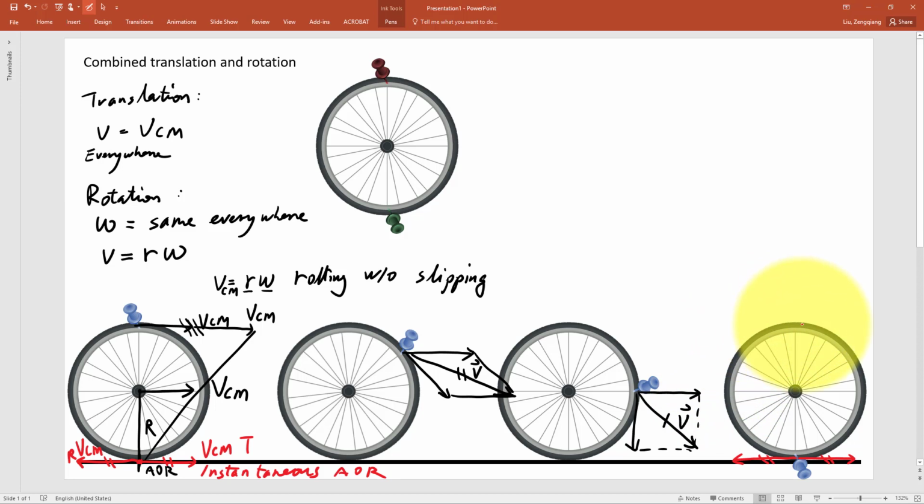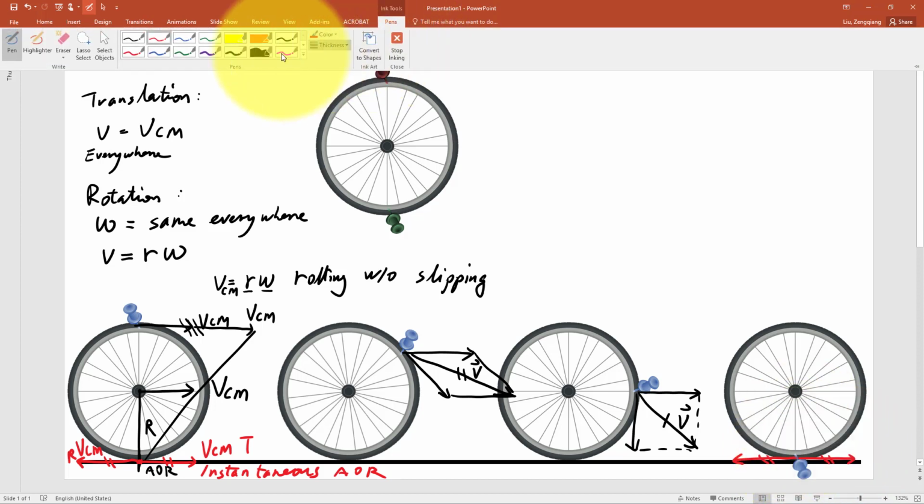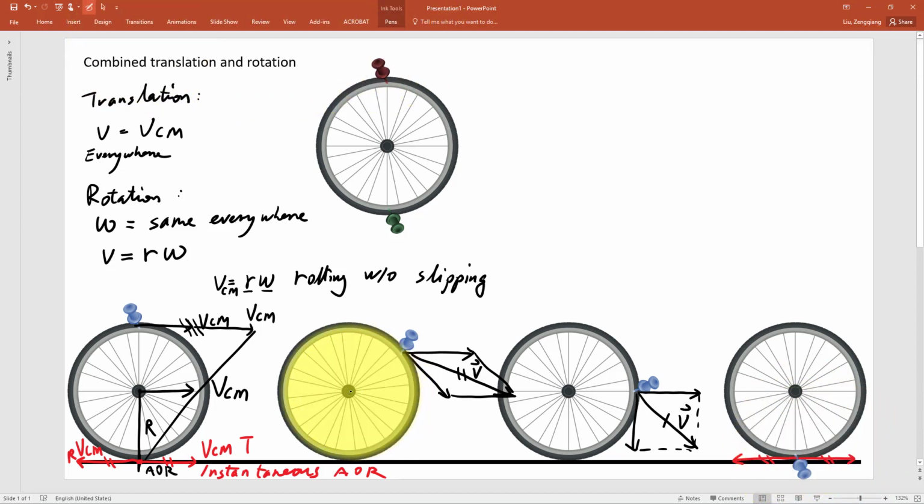As it gets to the top, it gets to the maximum amount of velocity, and it moves forward, and then it starts to accelerate negatively, basically reducing its magnitude of velocity, and also points further down and down and down, reducing the velocity until it gets to 0. So everywhere it does the same thing, except for the center of mass.